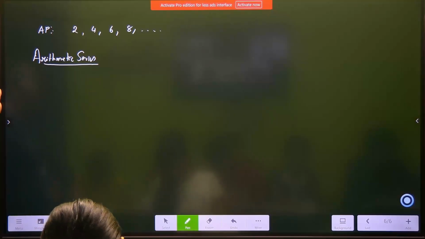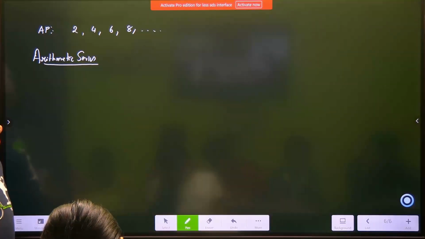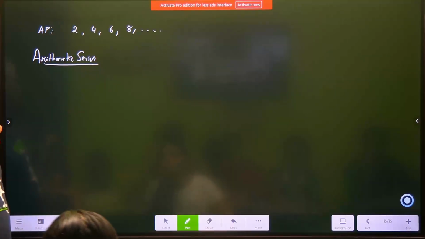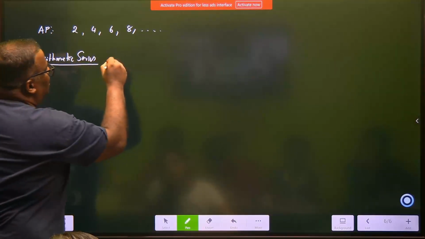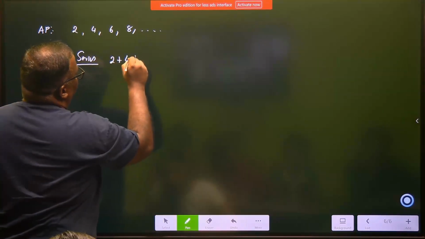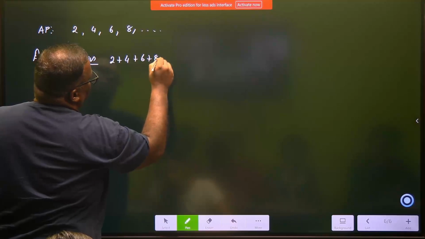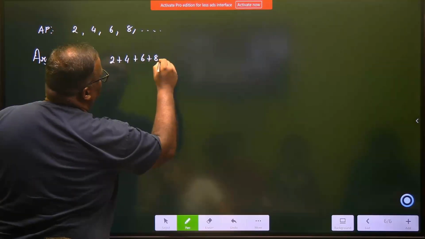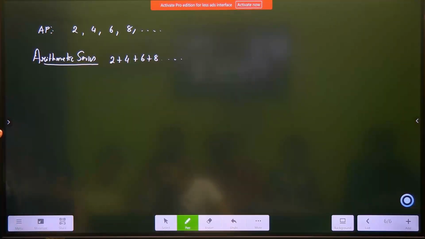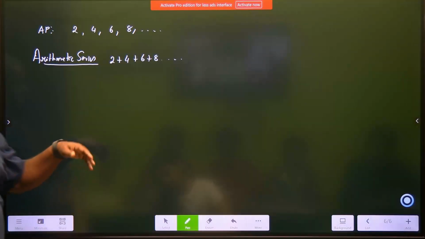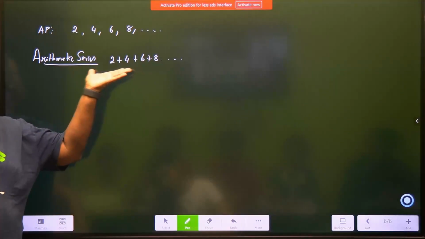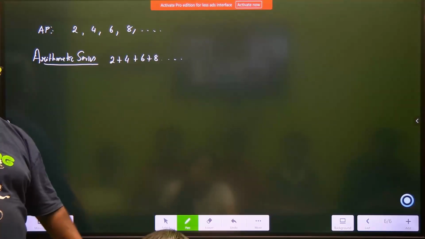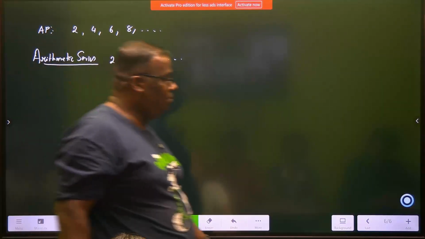An arithmetic series is when the terms of an AP are added with each other. Series and progression, there is only a difference. First progression is born, then you get to know the terms. So the series will be when the terms are added together. This is right. And as we do mathematics, we are supposed to know how to calculate the sum of this series. And how to calculate sum is a very nice story.